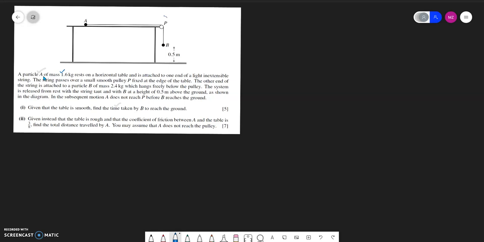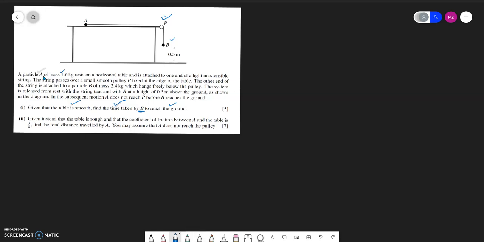Here is our pulley, and the other end of the string is attached to a particle B of mass 2.4 kg. This is our particle B, and it is hanging at a distance of 0.5 meter from the ground. We are asked in the first part to find the time taken by the particle B to reach the ground, and we need to assume in the first part that the table is smooth.